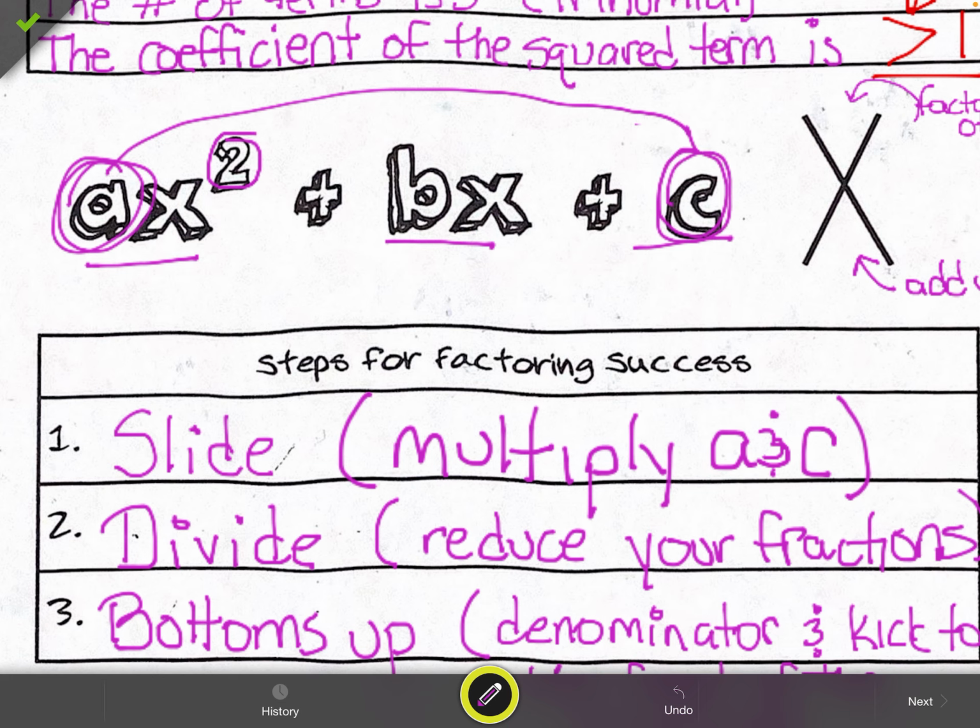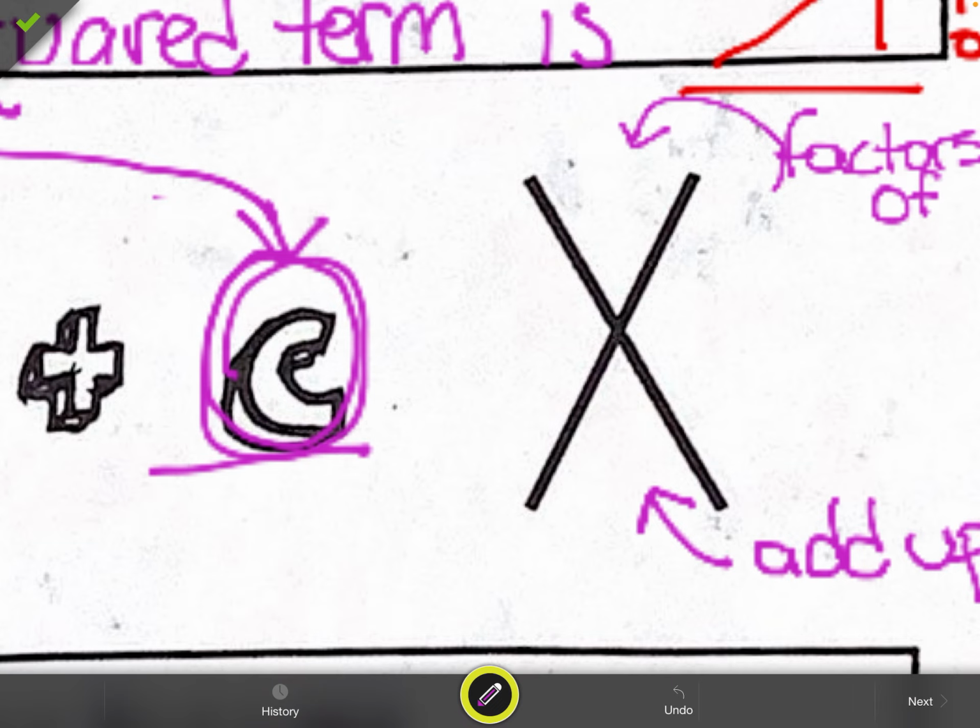That's what you're going to put at the top of your X puzzle. So instead of just putting C, you're going to take the number in front of your x squared and multiply it by the C. A times C.